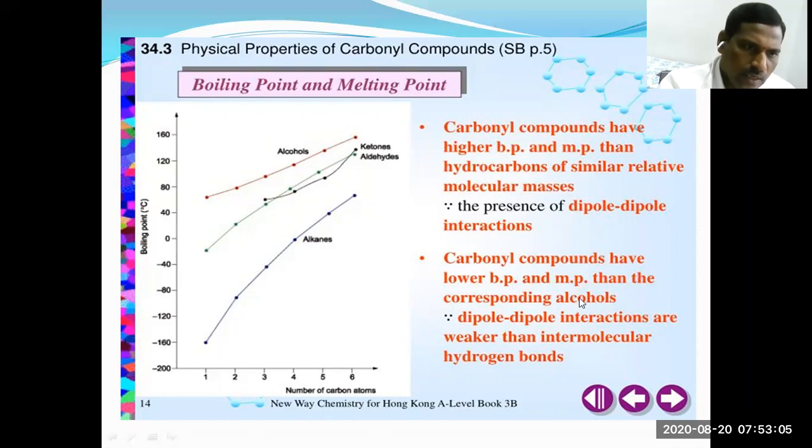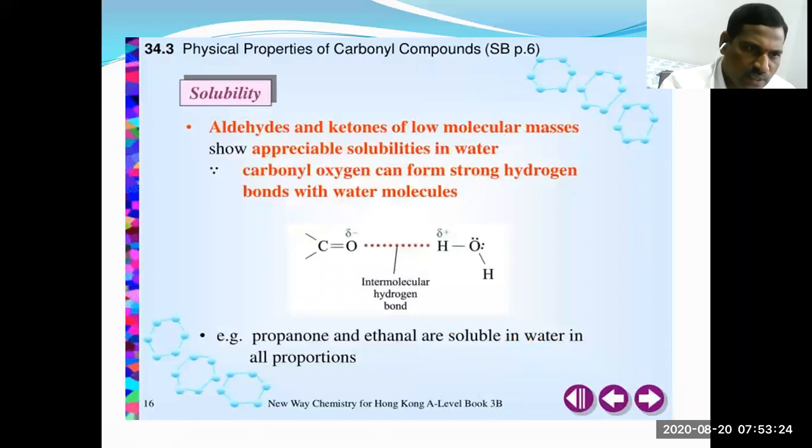Alcohols are hydroxy compounds having intermolecular hydrogen bonds. That's why those compounds, hydroxy compounds or alcohols, have greater boiling points and melting points. See here, solubility of carbonyl compounds.